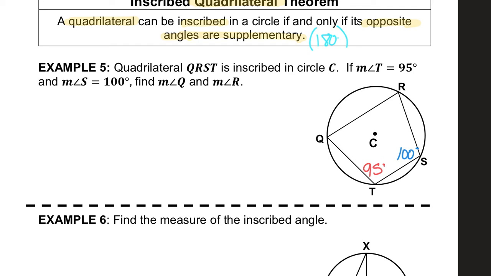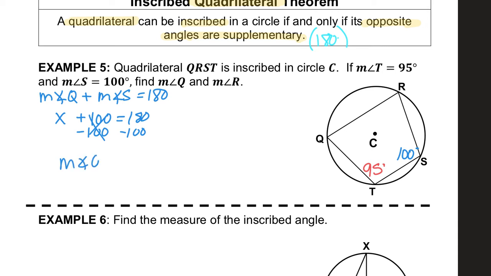We want to find the measurement of angle Q and R. So starting off with the measurement of angle Q, we know that we have to add that to the opposite angle, the measurement of angle S, to equal 180 degrees. So we have our unknown plus, well, we know what angle S is, 100, is equal to 180. Subtract that 100 algebraically. We find out that the measurement of angle Q is going to be 80 degrees.